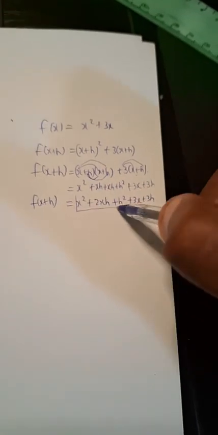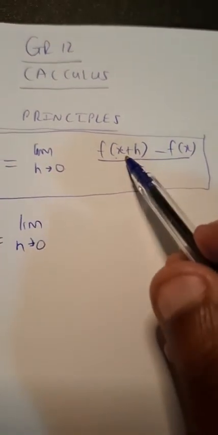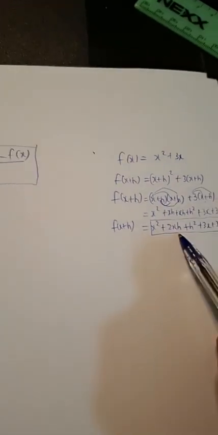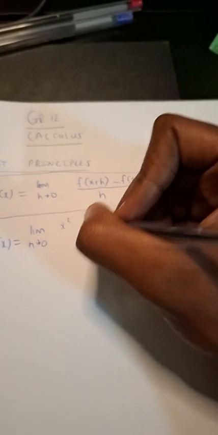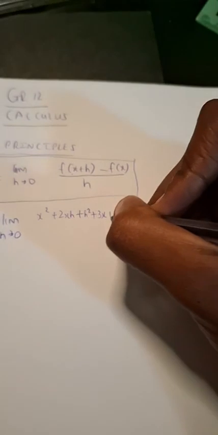What are we going to substitute? We're going to take this little baby here and make it part and parcel of that f of x plus h. So that means we're going to have x squared. We need to make sure that we're writing it correctly: x squared plus 2xh followed by plus h squared followed by plus 3x followed by plus 3h.